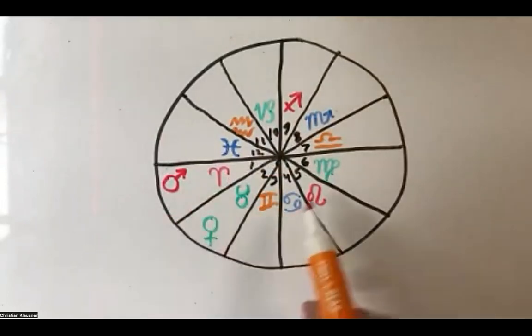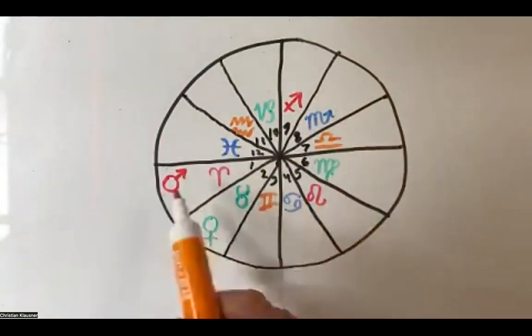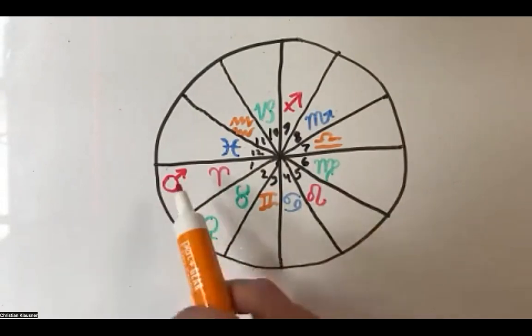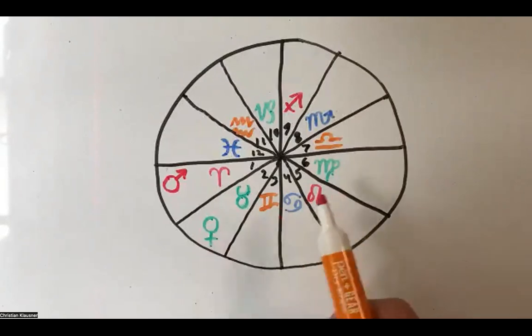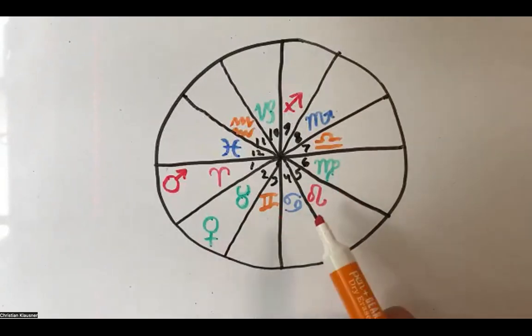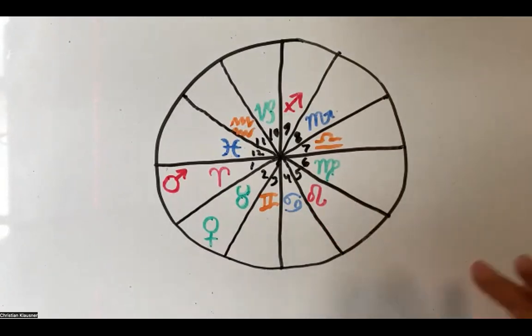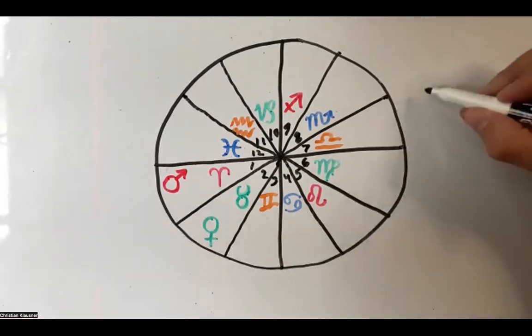And no matter what sign Mars is in, it still carries that energy of taking action. In Cancer, it's just going to be more sensitive action, emotional action. In Leo, it's still going to be fiery action, but it's going to be more about creativity and joy and stuff.